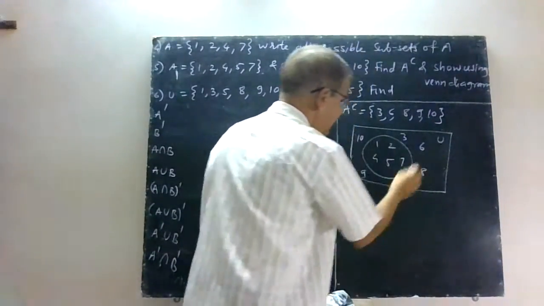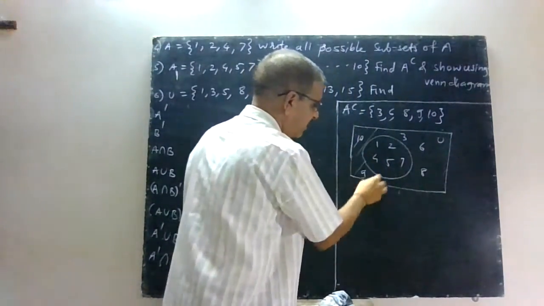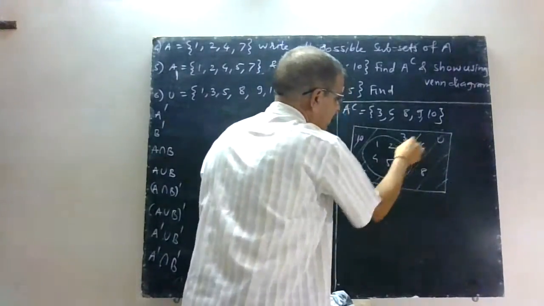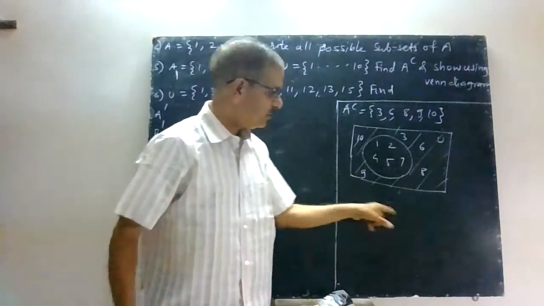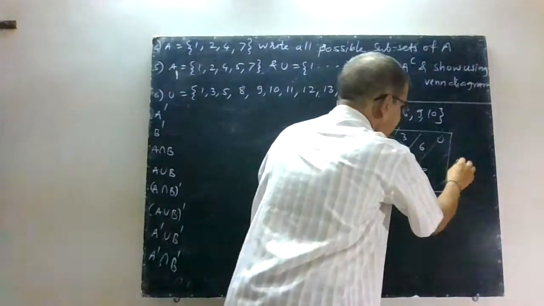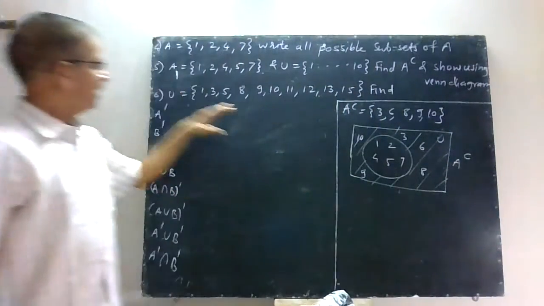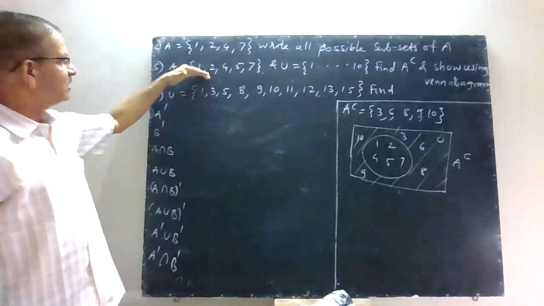If you shade this remaining part, it is your set A complement. Now see, this is your question number 5.